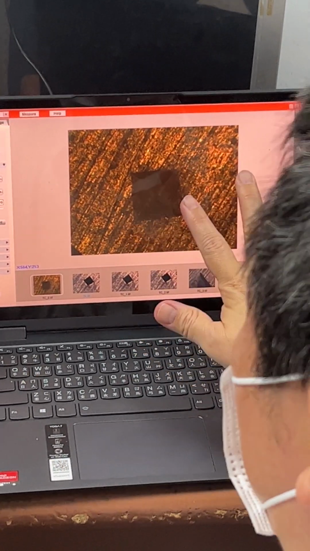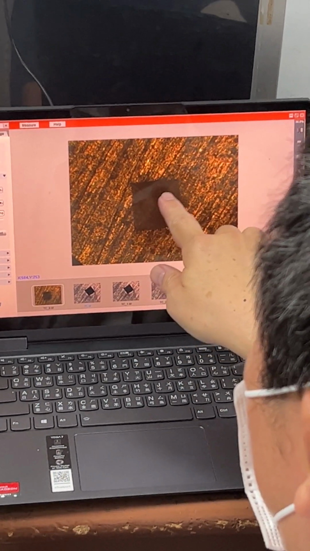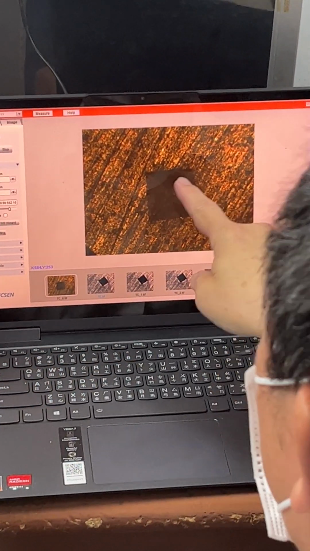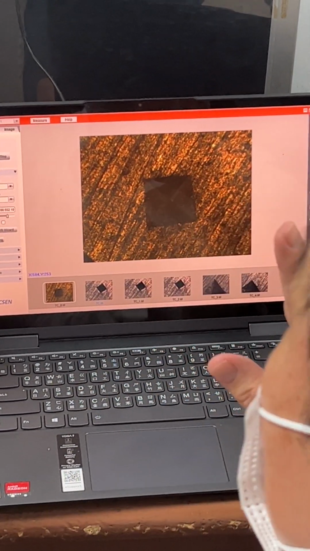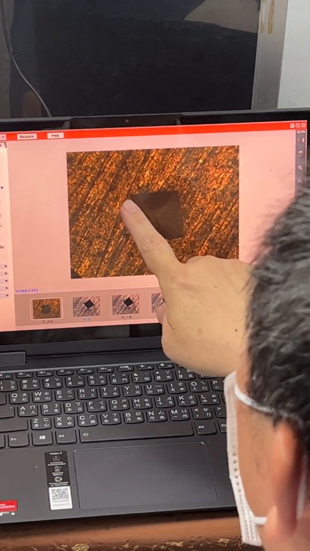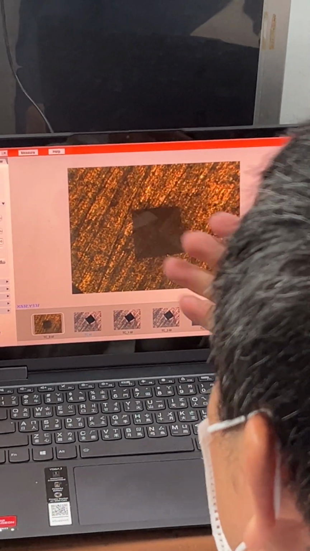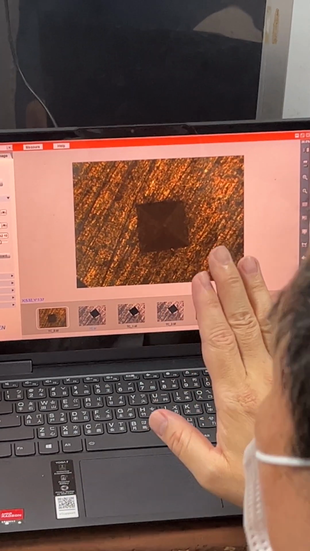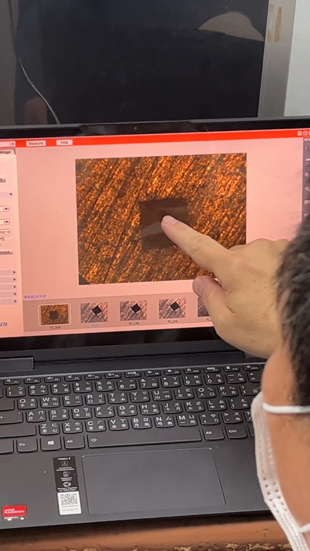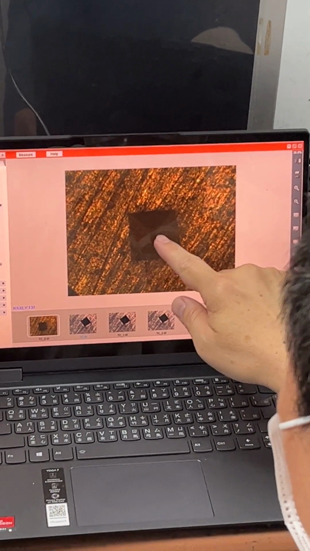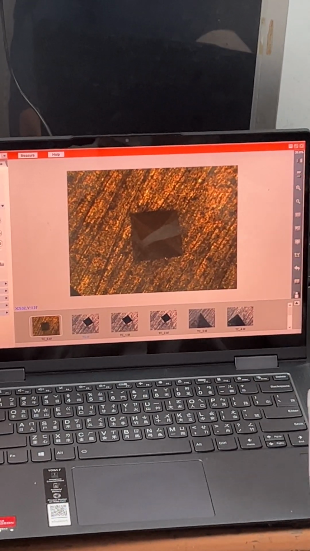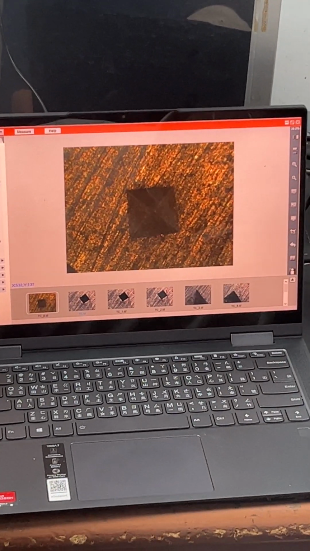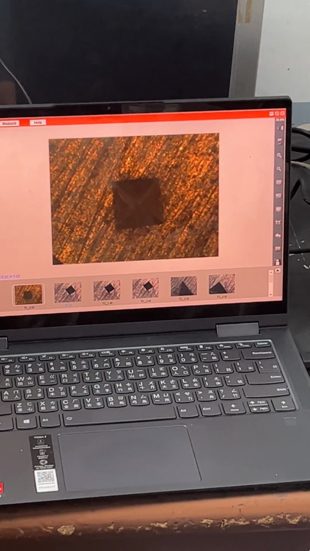So it is impossible for you, because this indentation mark is a concave shape, right, to see clearly both the higher surface and the lower surface. All you can do is to choose one. For example, if you want to observe here at the center, then this will be blurred.